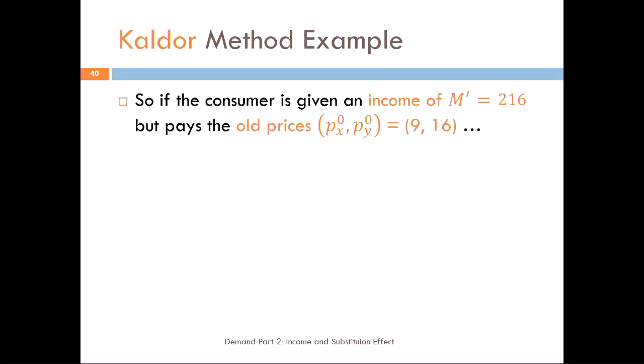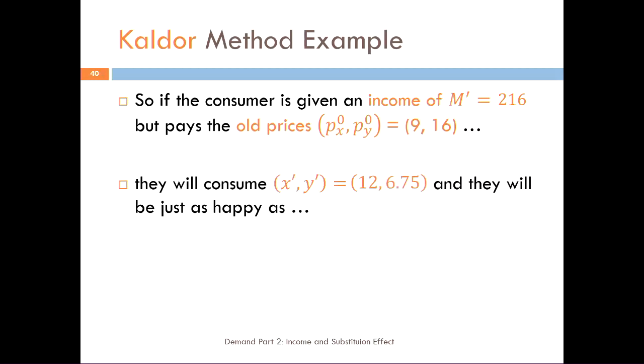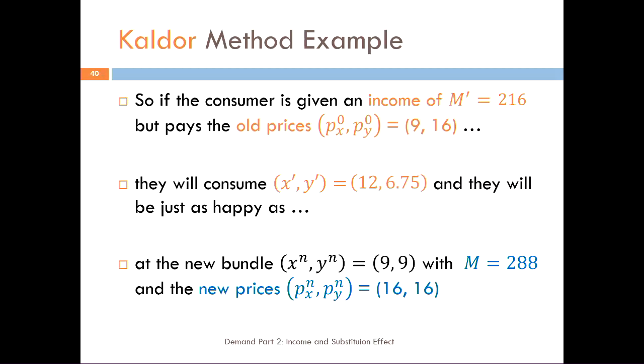Okay, so just to recap, if the consumer is given an income of $216, but has to pay the old prices, 9 and 16 for X and Y respectively, then the most preferred affordable bundle will be with quantity demanded of X of 12, quantity demanded of Y of 6.75, and they'll be just as happy as they were at the new bundle. Okay.